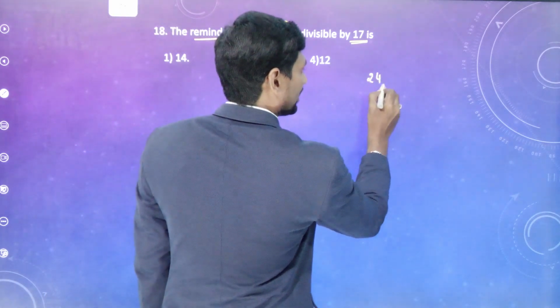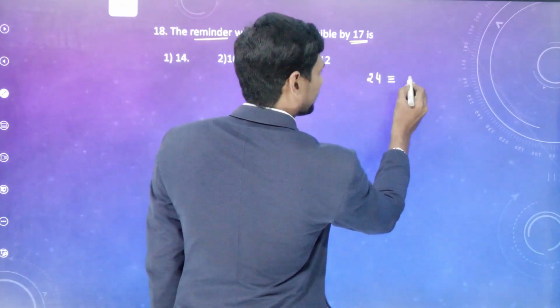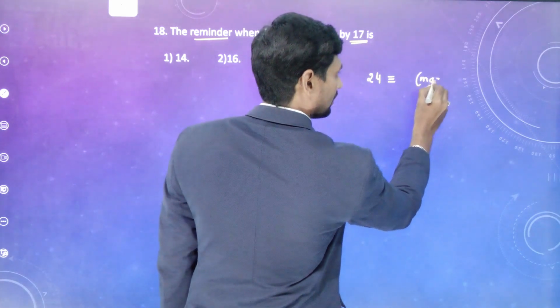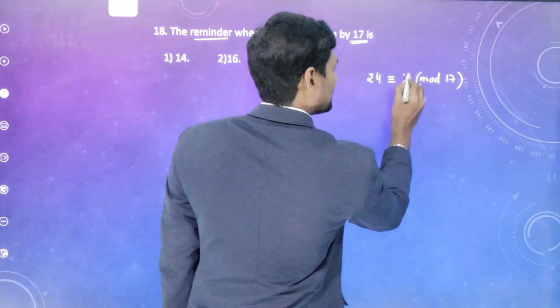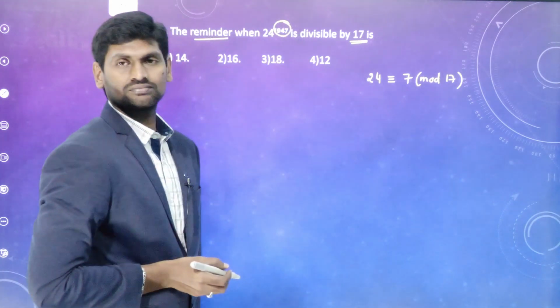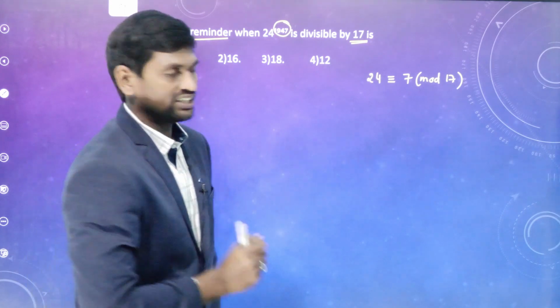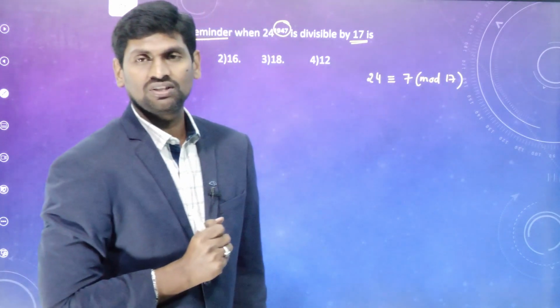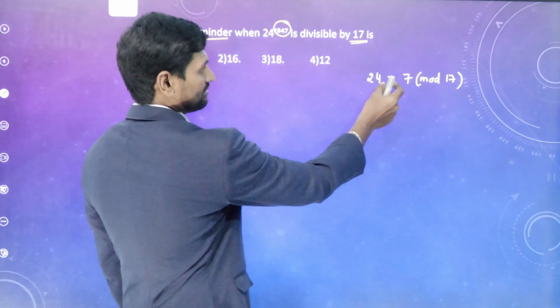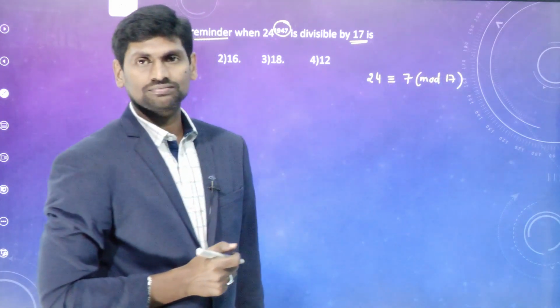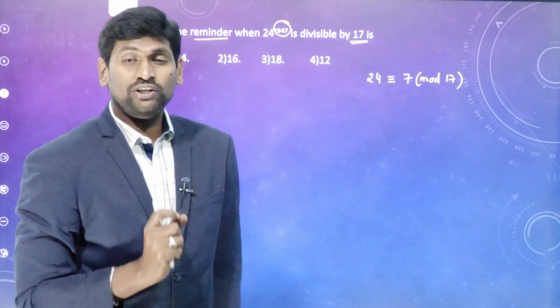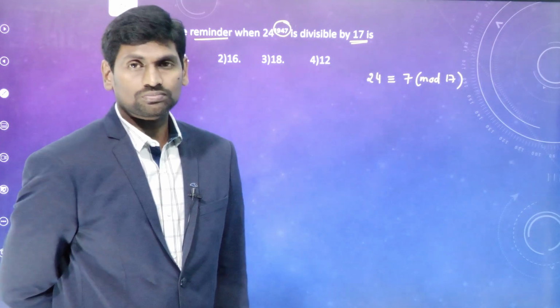So how can you write 24? 24 is congruent to 7 mod 17. 24 minus 7 is 17, and 17 is divisible by 17, no? So we can express 24 is congruent to 7 mod 17. Here you need to remember Fermat's theorem also.